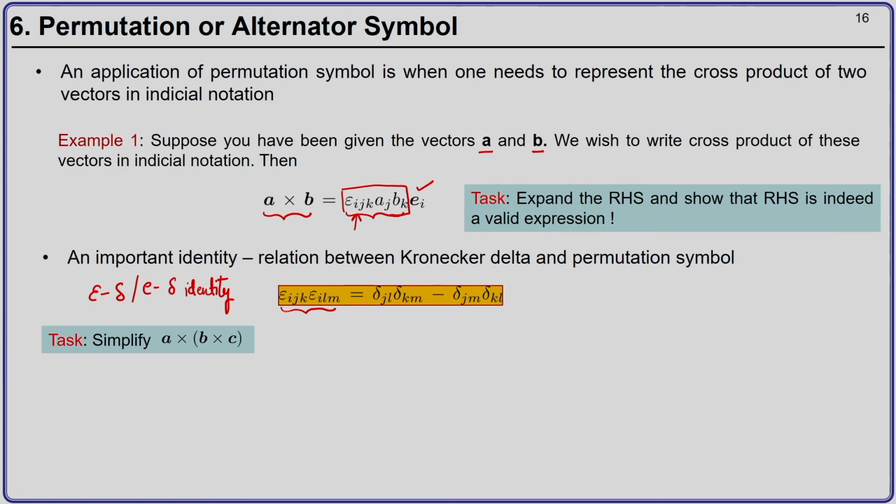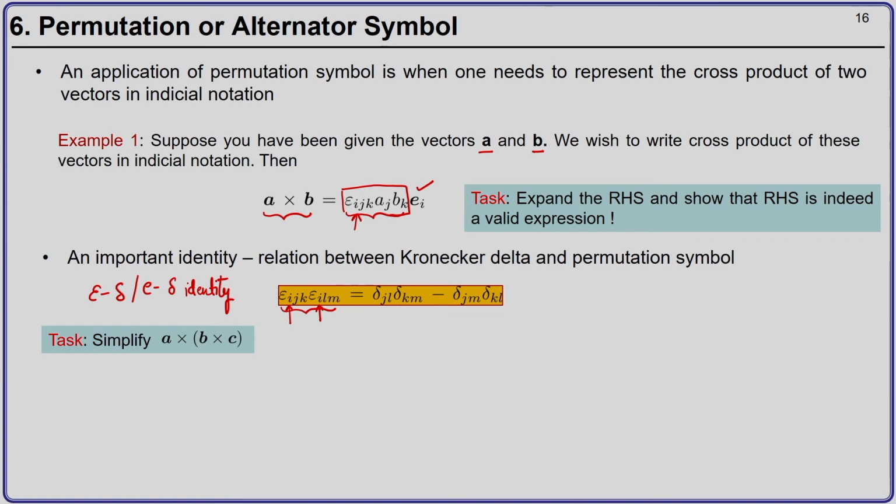If you look here, the first permutation symbol has i, and the second permutation symbol also has i at the same place, and the other two indices in the first symbol are j and k, while in the second symbol they are l and m.